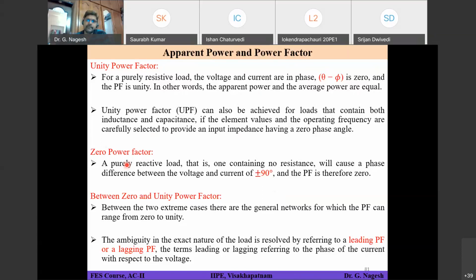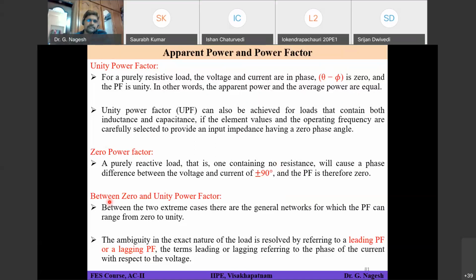A purely reactive load, that is one that contains no resistance, will cause a phase angle between the voltage and current of plus or minus 90 degrees. The phase angle difference can be plus 90 degrees or minus 90 degrees. In that scenario, the power factor is 0. So you can get zero power factor only for reactive loads which have zero resistance.